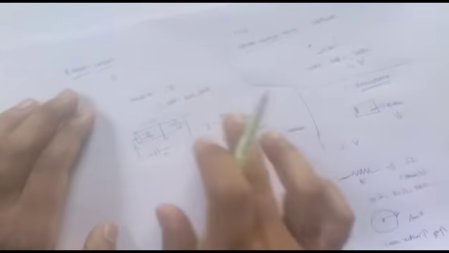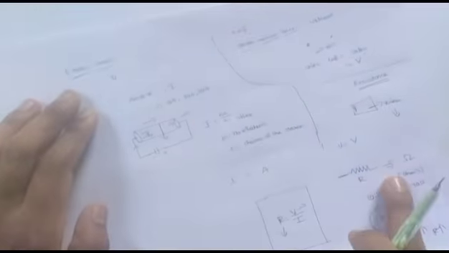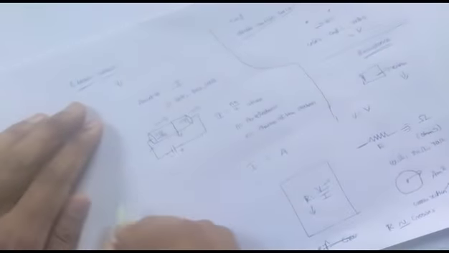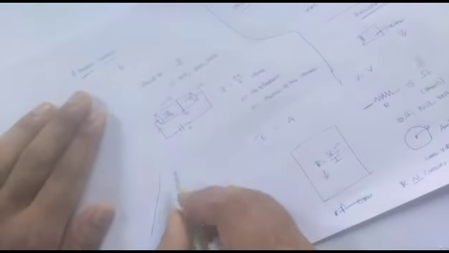This should be the basics about electric current, electromotive force, and resistance. These are the three, and they are denoted by a triangle.